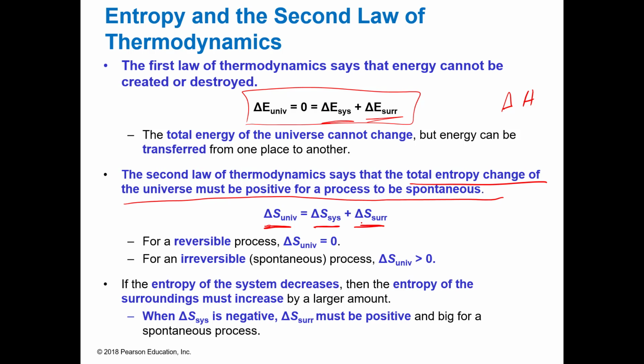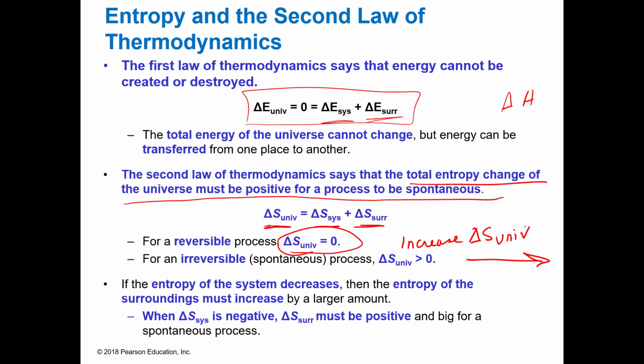For a reversible process, delta S of the universe is going to be zero, just like we saw with delta H. But if it's spontaneous or irreversible, only going in one direction, we are going to increase the entropy of the universe.